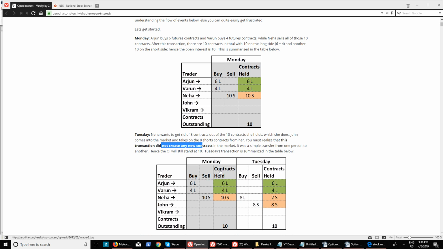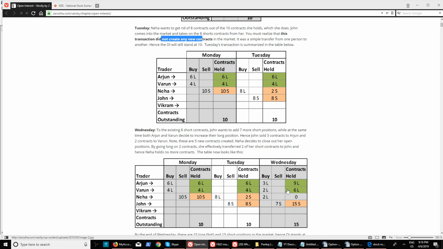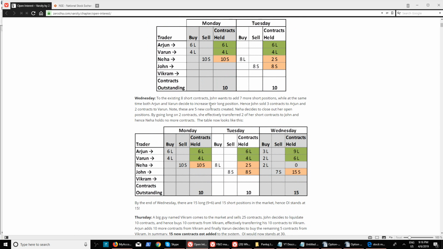This is just simply a transfer from one person to another, and the OI will not increase in this case. On the third day, wherever new contracts are created, that means buying and selling takes place apart from these contracts, that's when open interest is created.